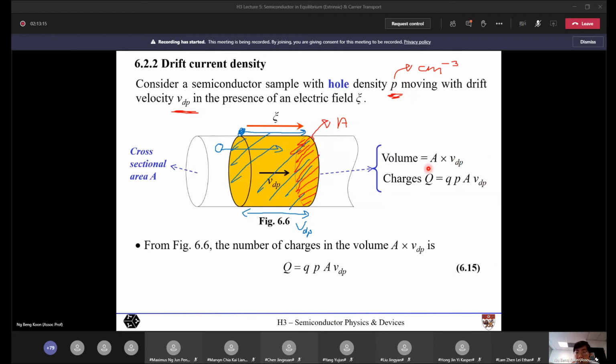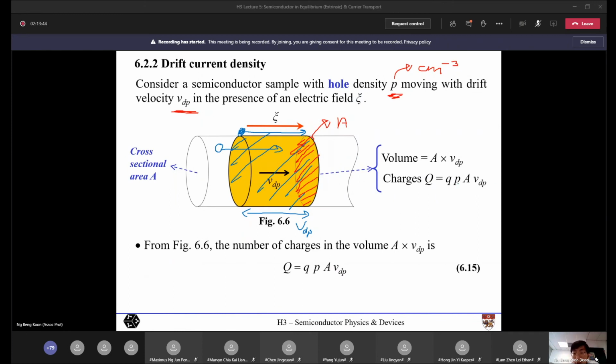So that's A multiplied by VdP multiplied by P. And so the actual charge amount will be Q multiplied by that quantity. So the charge contained within this volume that will pass through the cross-sectional area is Q multiplied by the hole density multiplied by the cross-sectional area multiplied by VdP, which is the height of your cylinder.